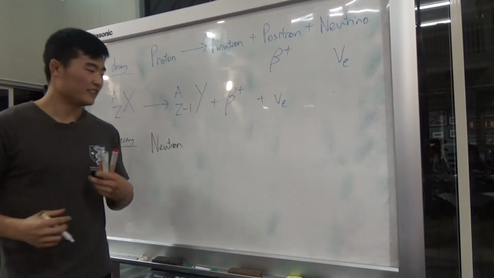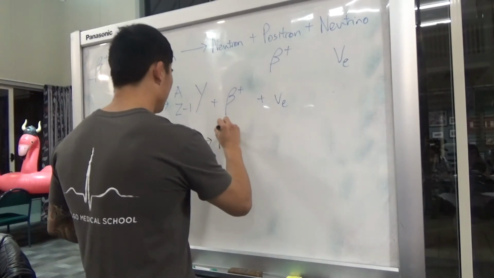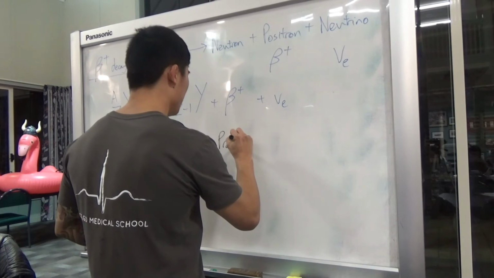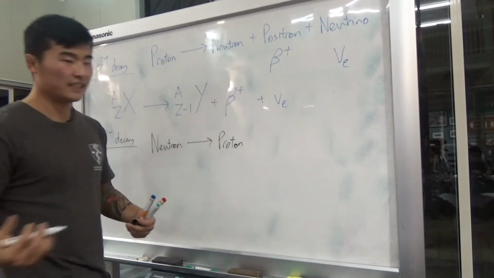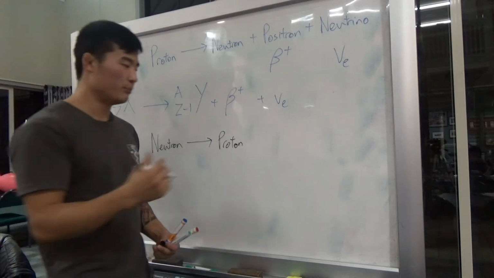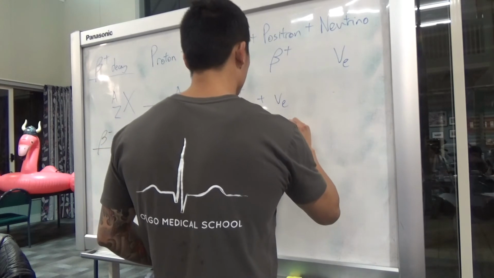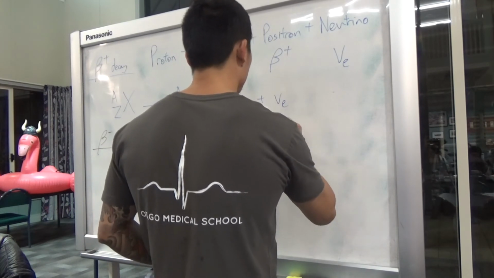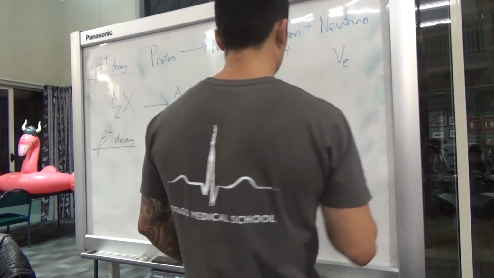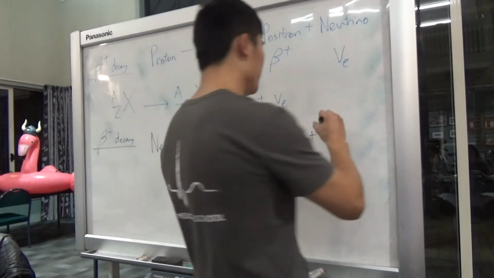So it's going to kick out an electron. And if it loses an electron, it's going to be net positive. So it's now a proton. And it's also got to emit an anti-neutrino.